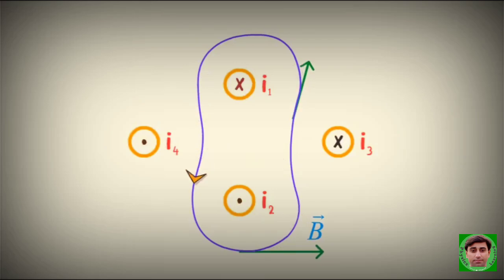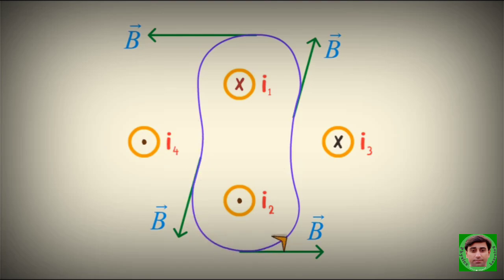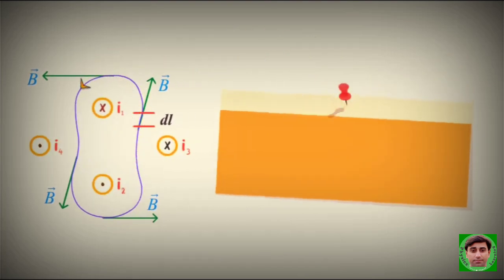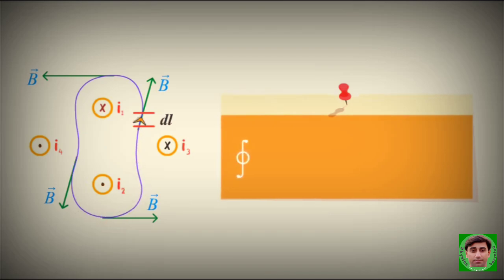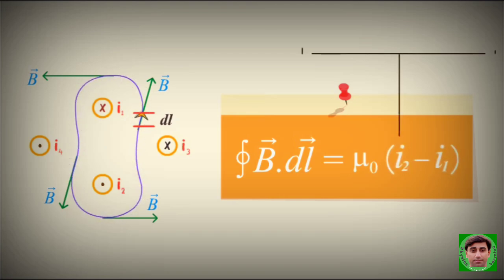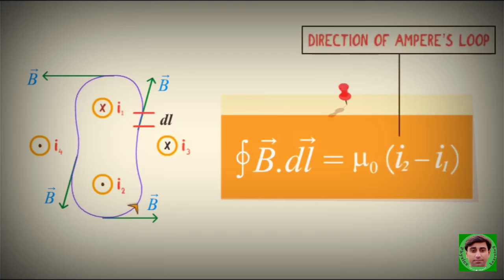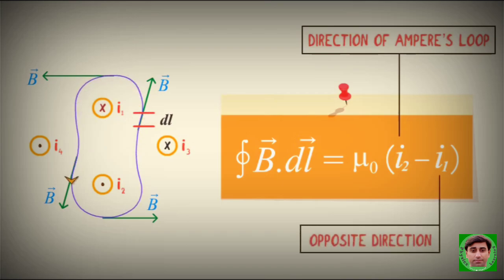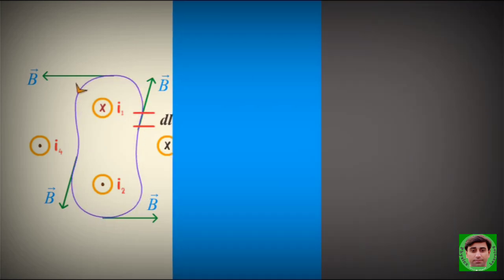The magnetic field at all points along this loop will be the same and tangential to the circle, which is also the direction of the length element dl. Hence, the closed loop integral of B dot dl equals mu naught times current I2 minus I1, where I2 is in the direction of Ampere's loop and I1 is in the opposite direction.